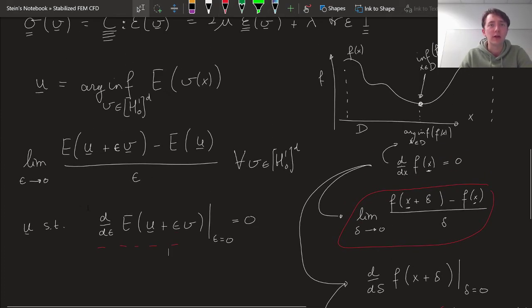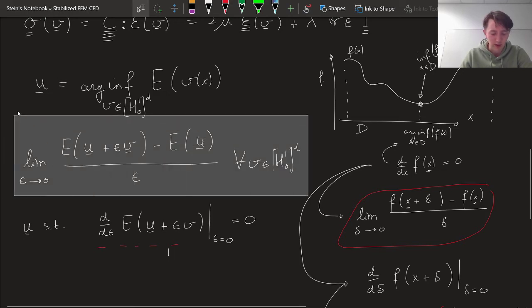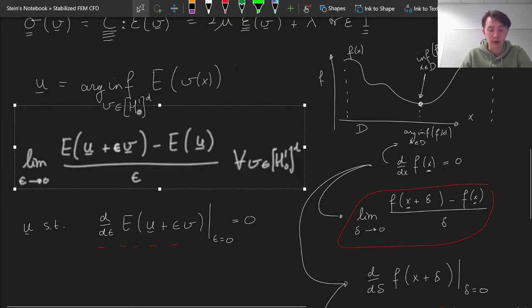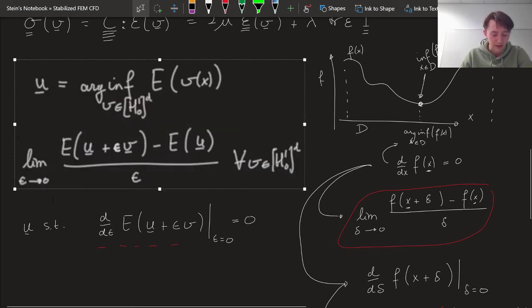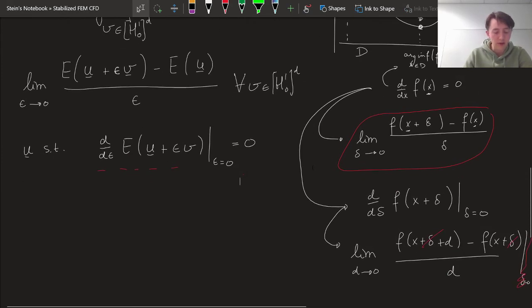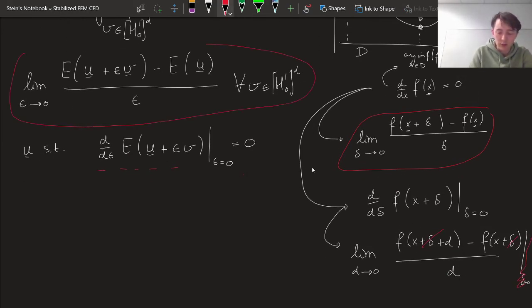I could motivate this equation directly from the original minimization point, whereas for the lower one we had to think about why there is this equivalence. So for this video I'll actually use this statement to obtain our weak formulation, although it's going to be the same thing as using the lower one.